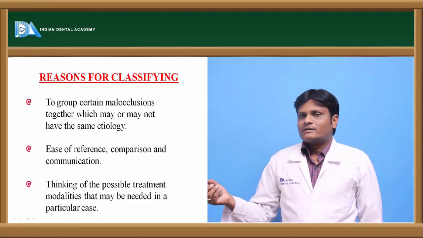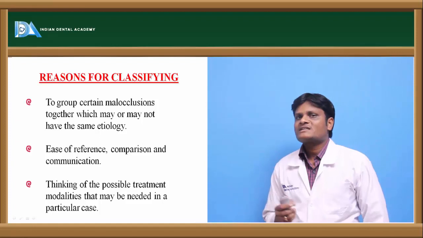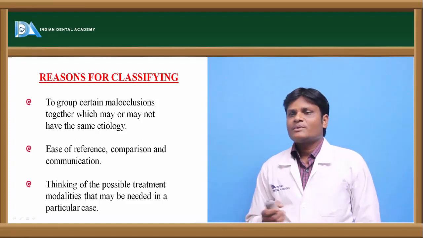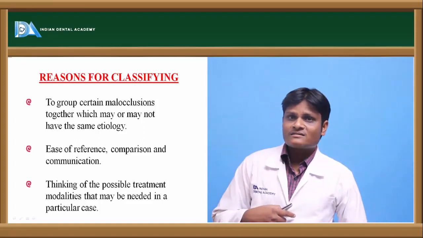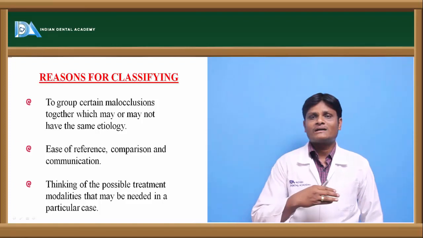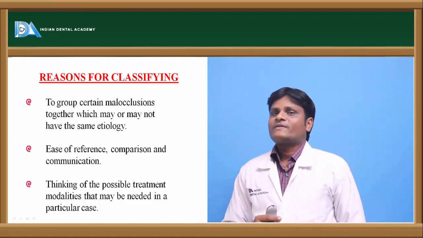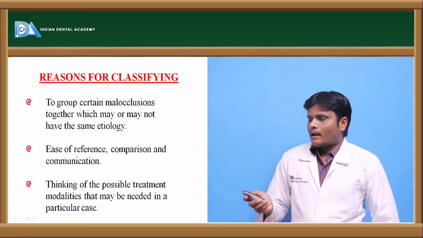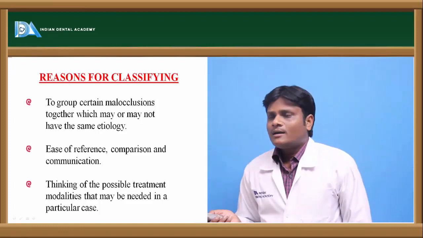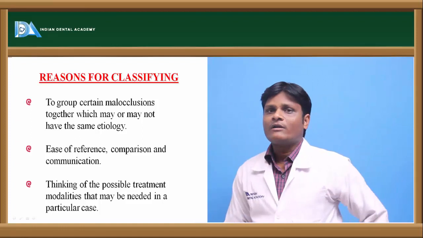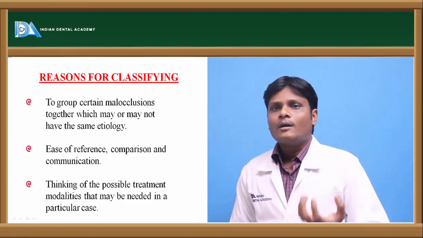That means reference will be easy, comparison will be easy, and communication between the patient and the dentist, and between two dental surgeons, will be easy by classifying a malocclusion. Now, we can think of a possible modality of treatment when we have a clear-cut picture of a malocclusion.